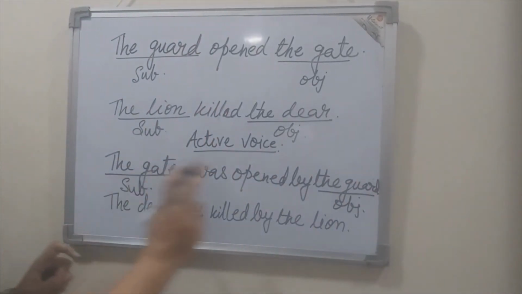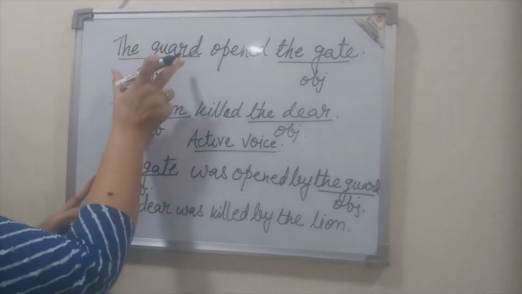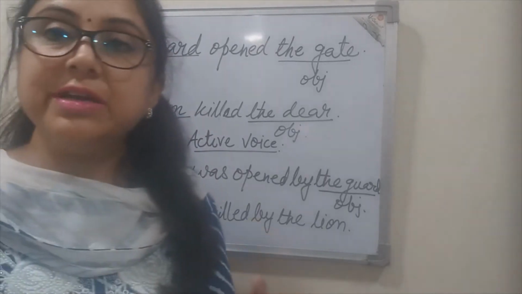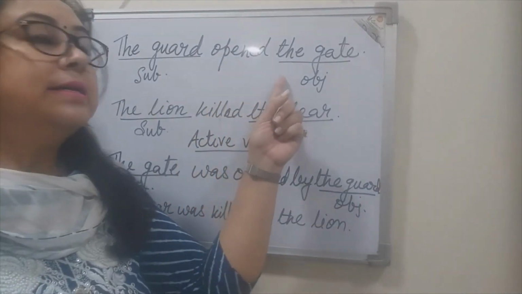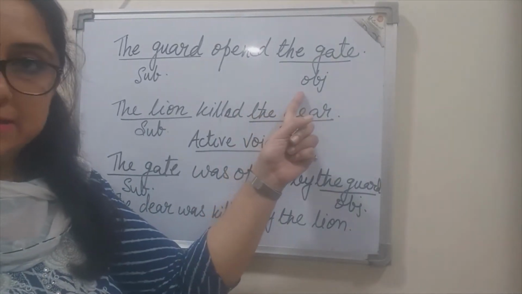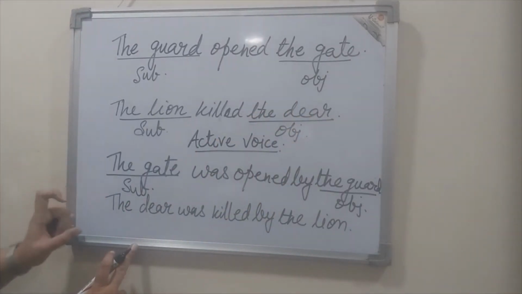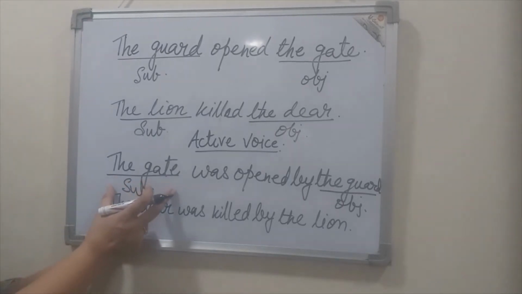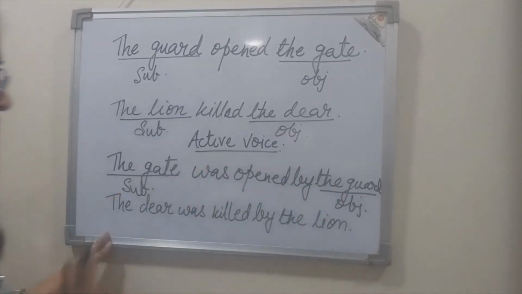So now can we notice the change in the structure of this sentence and this sentence? Here the subject is at the subject's place only, that is whoever is performing the action is at the subject's place only. But here the receiver is at the object's place, isn't that? But in this sentence, we see the object, the receiver of the action, is at the subject's place and the performer is at the object's place.